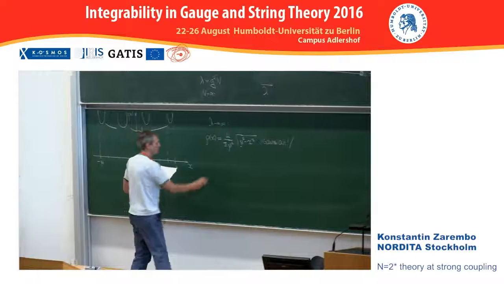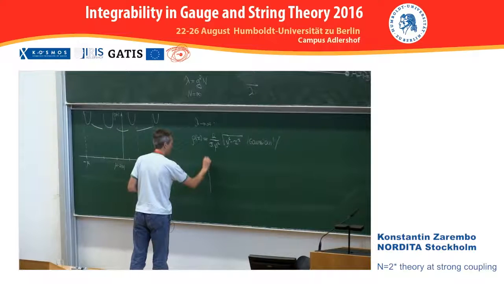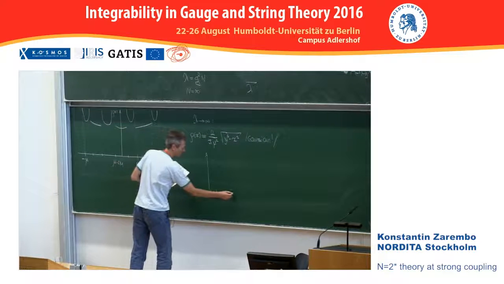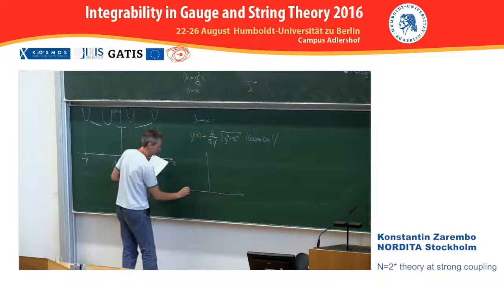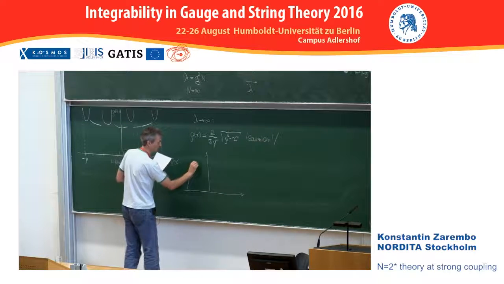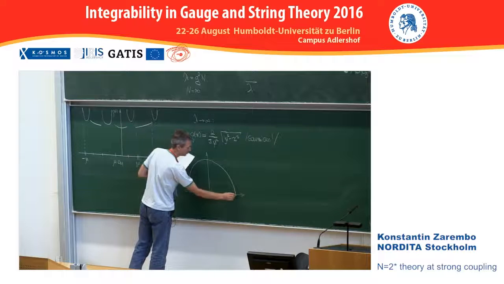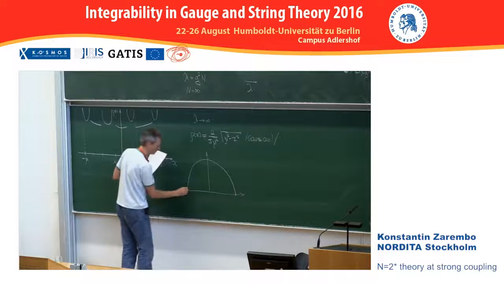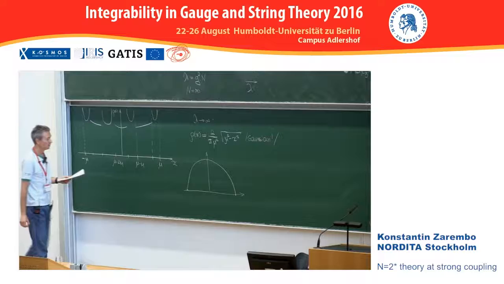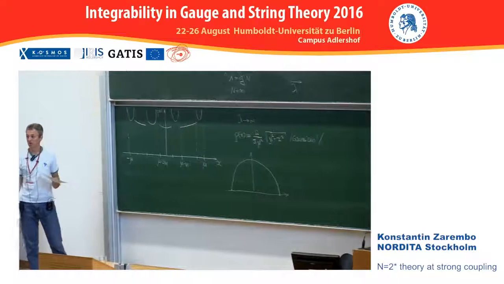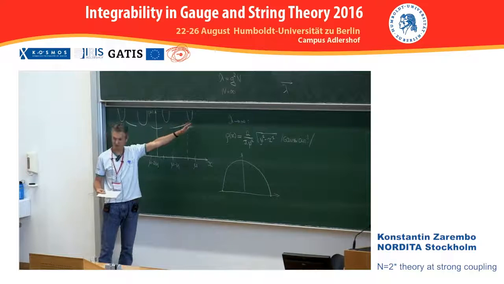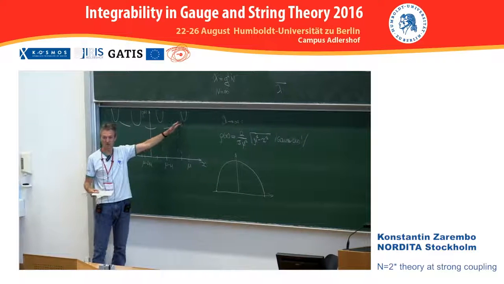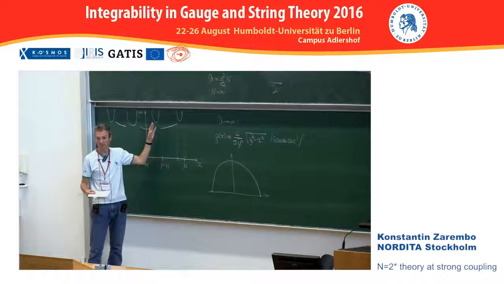It seems that it's not really consistent with the picture I was trying to advocate, because of course this distribution is absolutely smooth in the middle of the eigenvalue interval. And secondly, it also goes to 0 at the boundaries, whereas the true distribution starts at infinity and also has branch points in the middle.